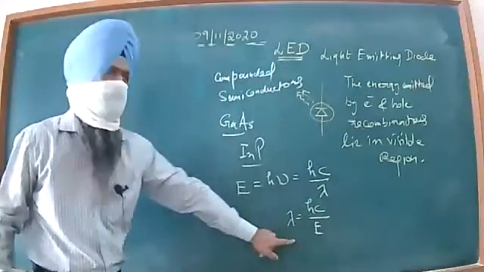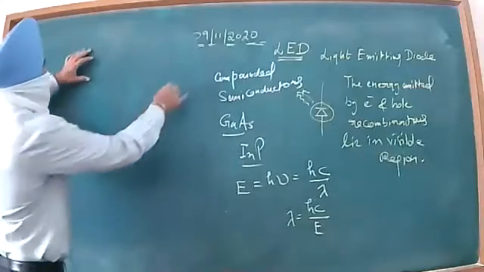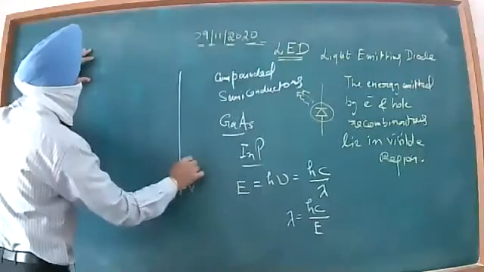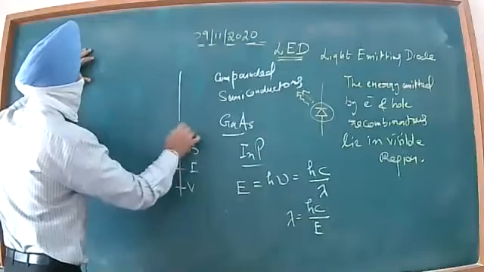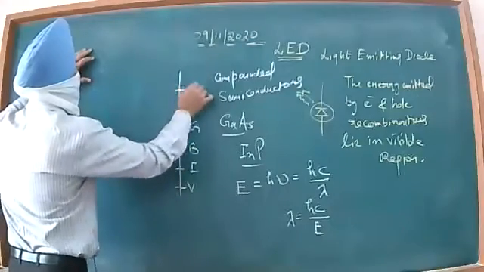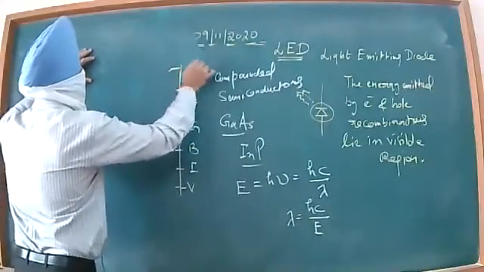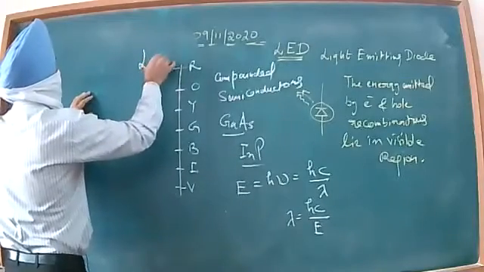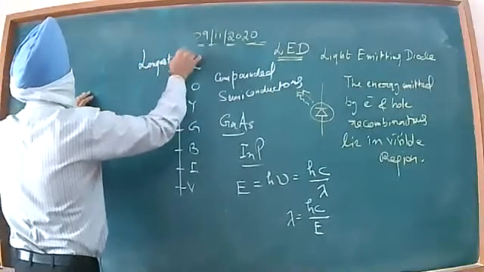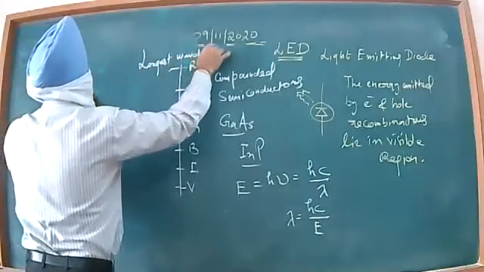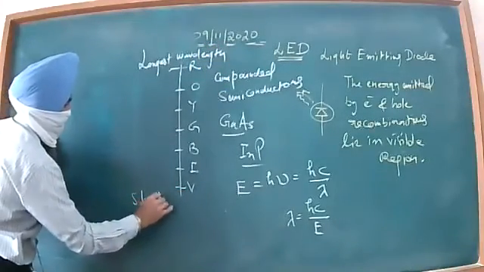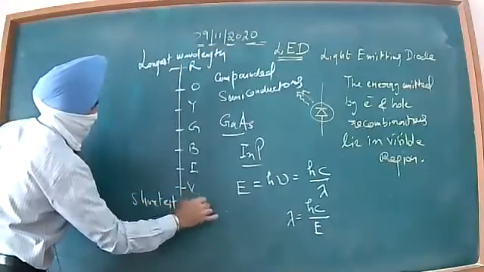Now beta, you can well imagine, dear children, I can give you the overview over here. This is V, I, B, G, Y, O, and R. Red color has the longest wavelength, and violet color has the shortest wavelength.